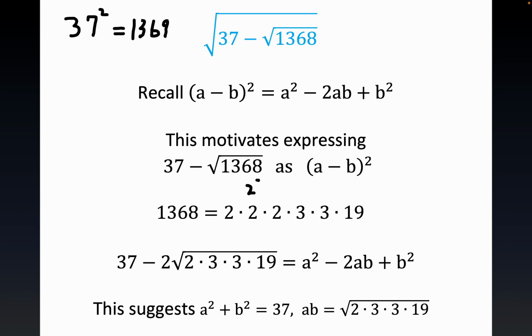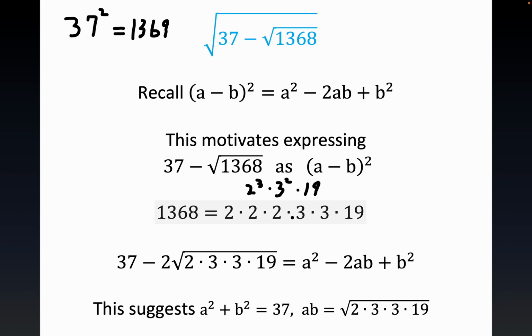You could write this as 2 cubed times 3 squared times 19, but I didn't see that it lent any more insight to write it that way. It's easier just to leave it in the non-exponential form.